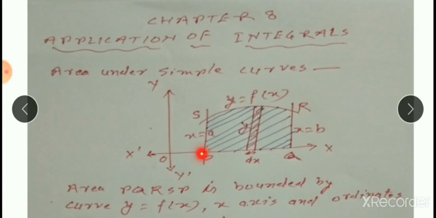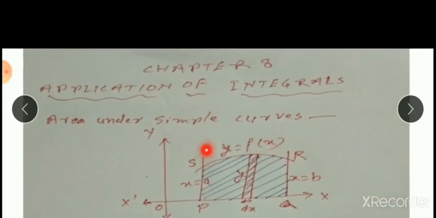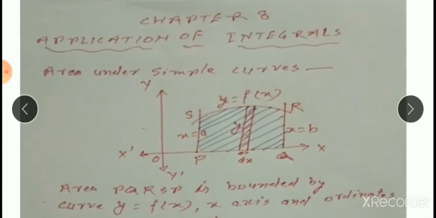We want to calculate area covered by graph, the two lines here, and x-axis, means area of PQRSP. We want to calculate this area. Consider here, this is y.